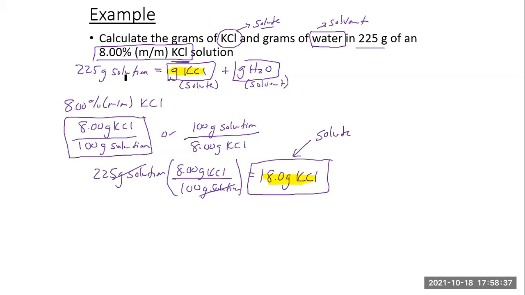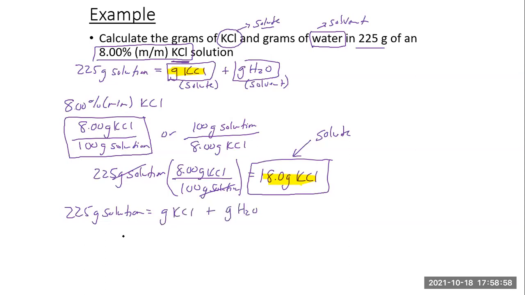And now that we figured out how many grams of our solute is present, we could use that relationship from above to figure out how many grams of water is present. So we know that 225 grams of solution equals the grams of KCl plus the grams of water.